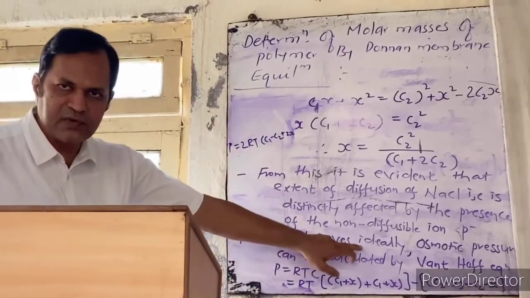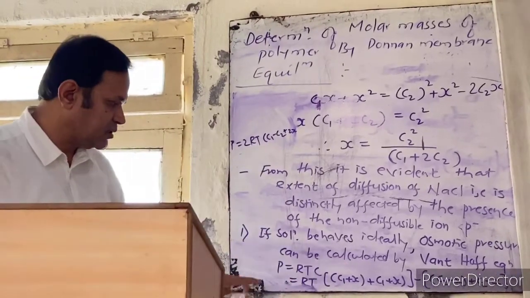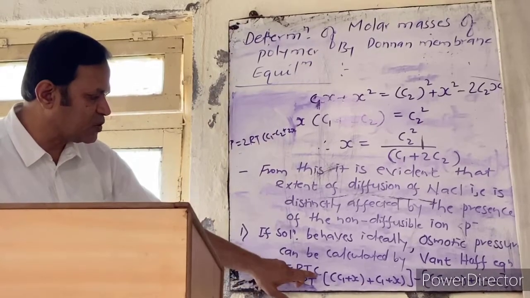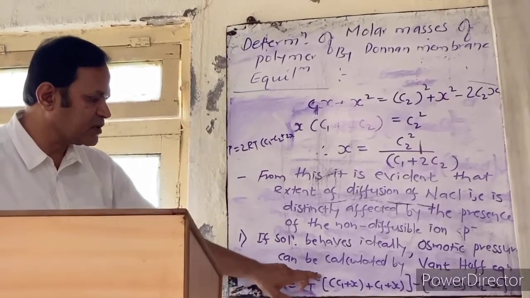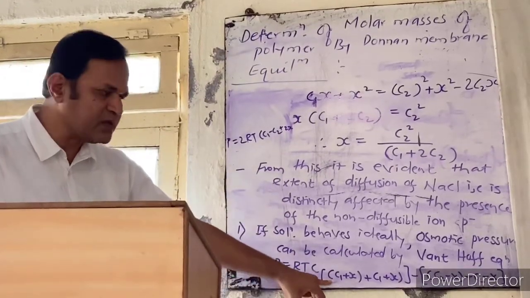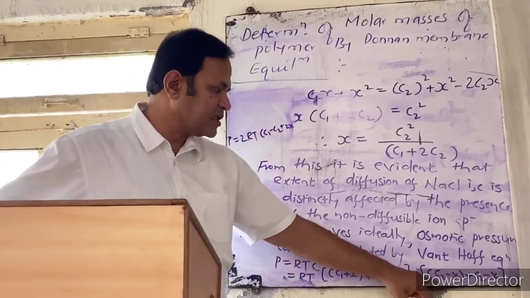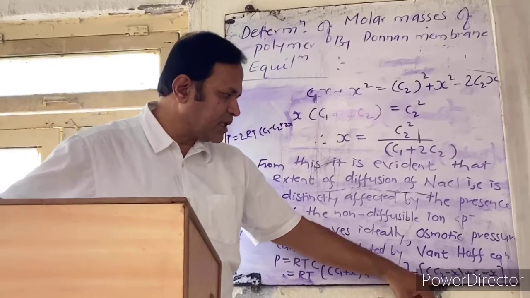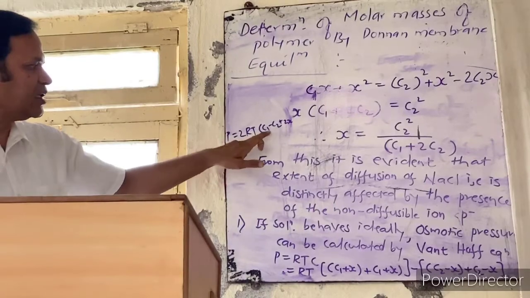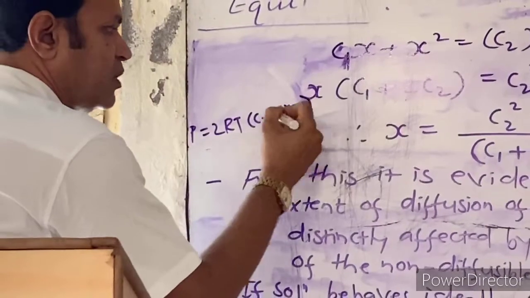If a solution behaves ideally, osmotic pressure can be calculated using the Van 't Hoff equation, P equals RT into C. Instead of concentration C, we substitute the values: RT times [(C1 plus X) plus (C1 plus X) minus ((C2 minus X) plus (C2 minus X))], which gives P equal to 2RT (C1 minus C2 plus 2X). This is the Van 't Hoff equation we get.